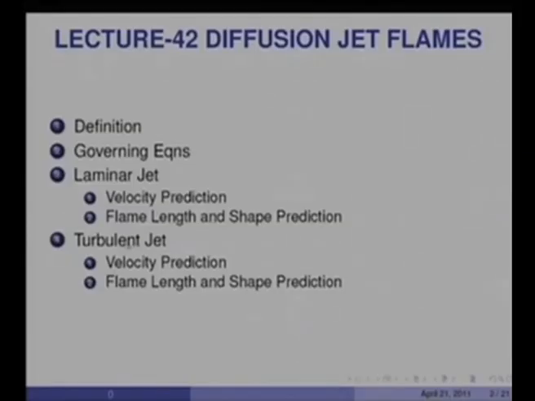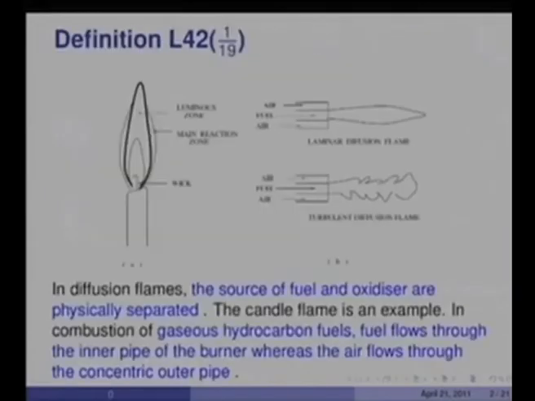And then likewise we will do the same for the turbulent jet flame. Remember again that the word jet implies that there is no wall present, and it is sometimes also called a free shear flow. So, let us look at the definition of a flame.